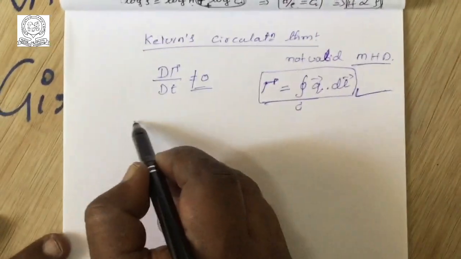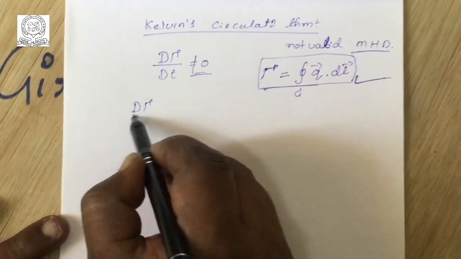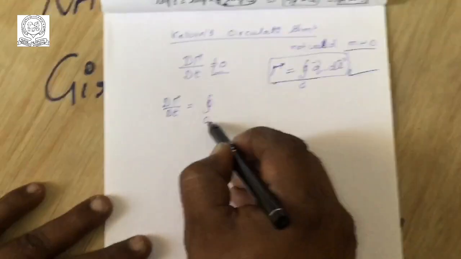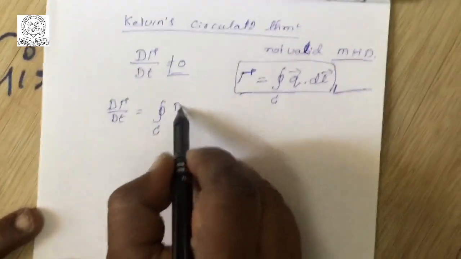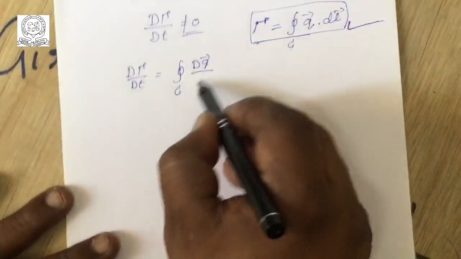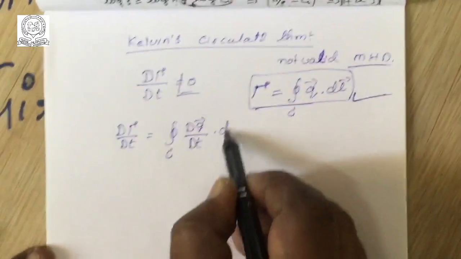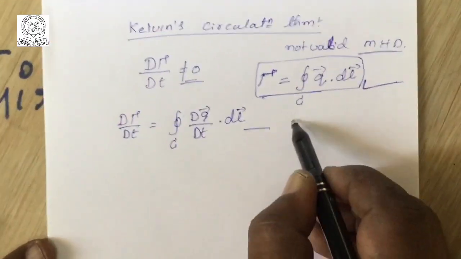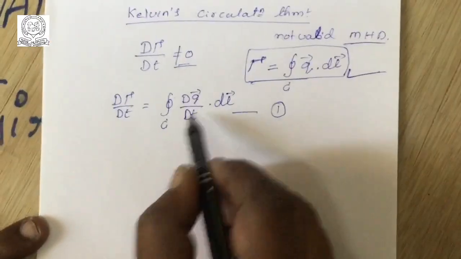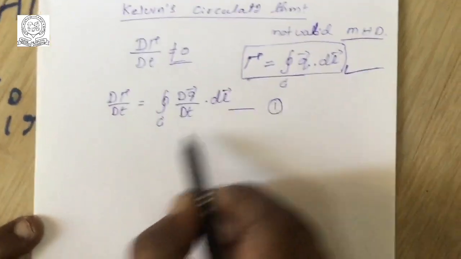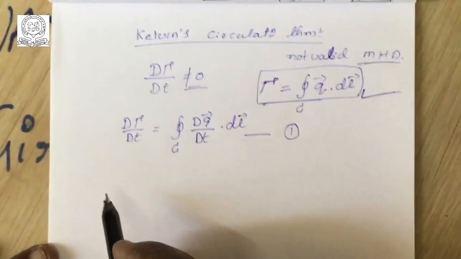It implies d gamma by dt is equal to the line integral over C of dq by dt dot dl. Call this equation number 1. By differentiating with respect to t, you get this equation.